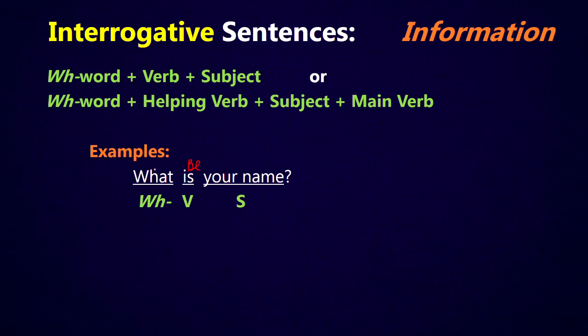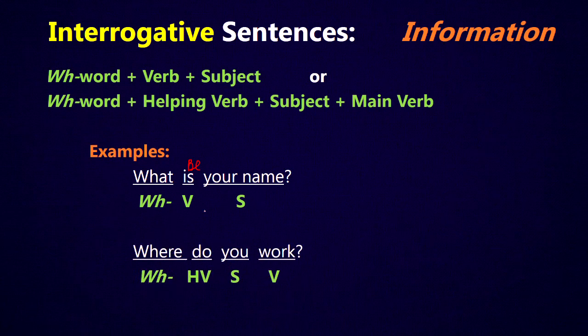We've just got the WH word, we have the verb, and then we have our subject. Where do you work? Because the main verb is work, then we have a helping verb instead before the subject. So where, the WH word, helping verb do, subject you, and main verb work.